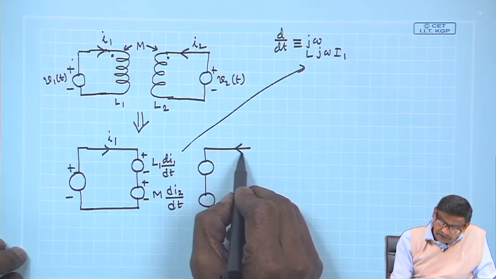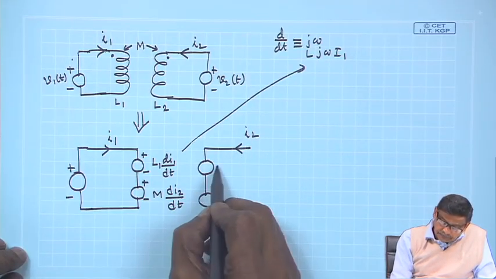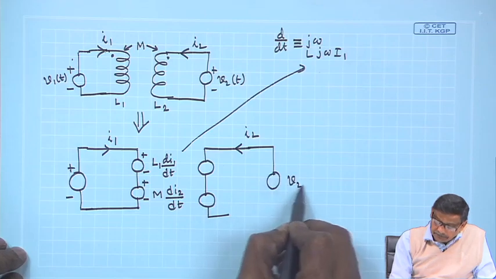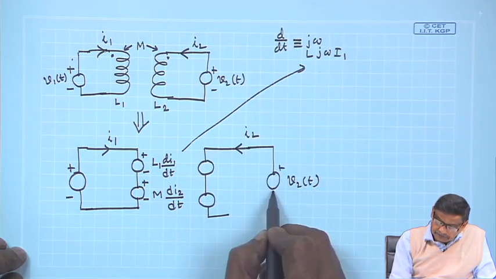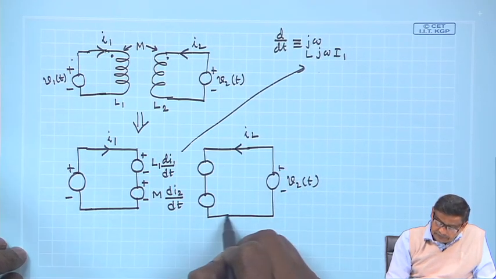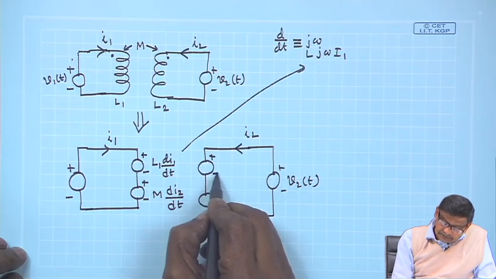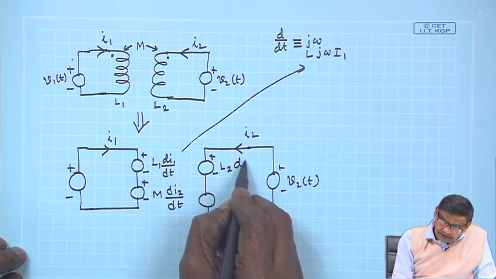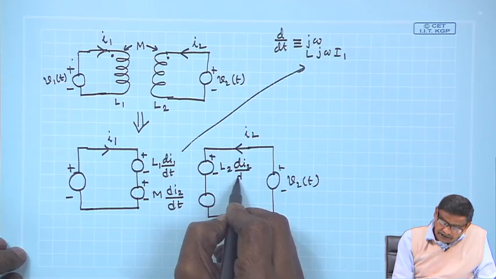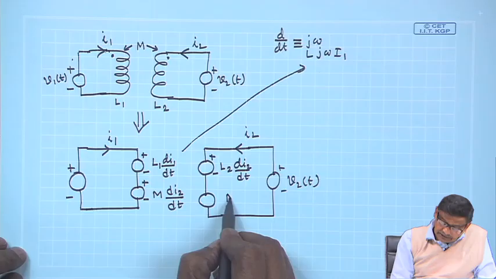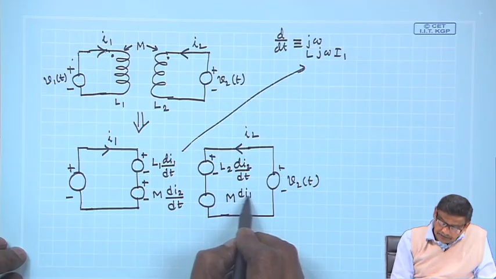So far as I 2 is this direction, and this is your supply voltage, mind you, V 2 plus minus. I 2 is entering through, so this will be L 2 d I 2 dt, self inductance, and plus mutual inductance M d I 1 dt.